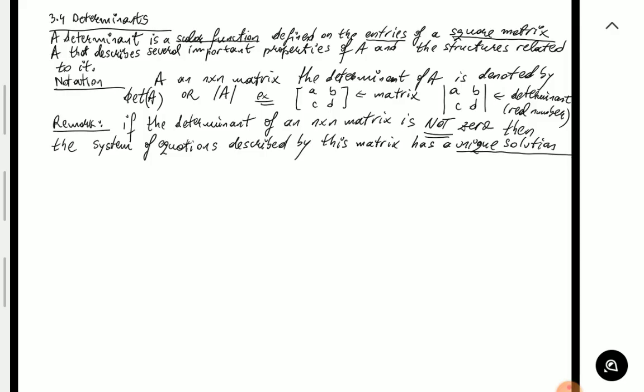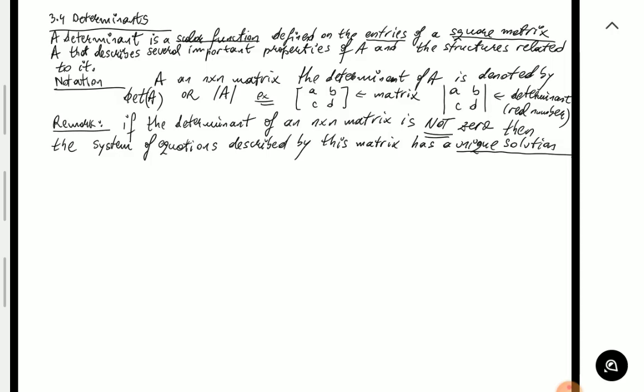And I'm going to mention it from the beginning because we're going to use this property in many contexts throughout the course. So it gives you a quick criteria or tool to establish whether a system will have a unique solution or not before you even solve that system.